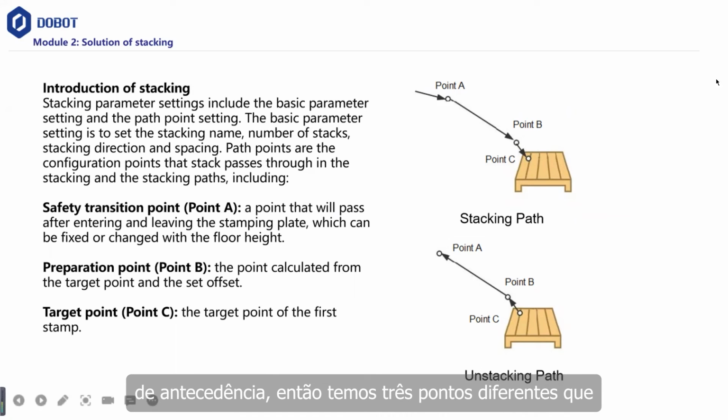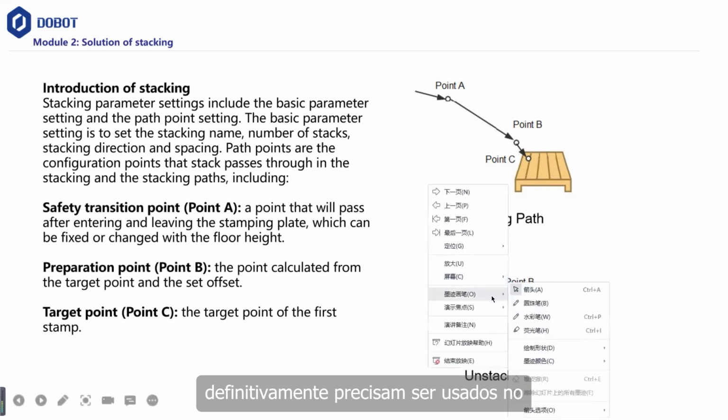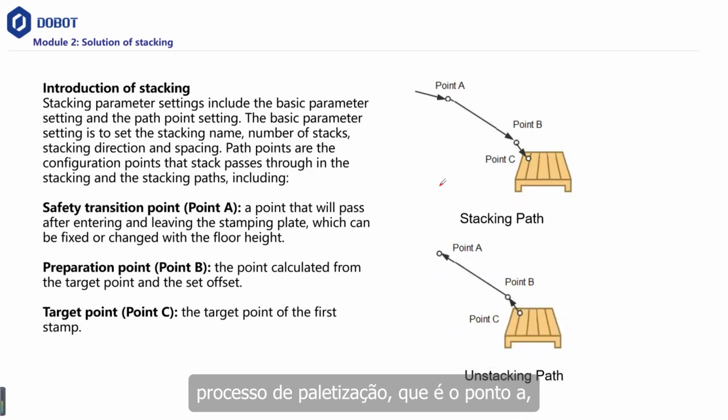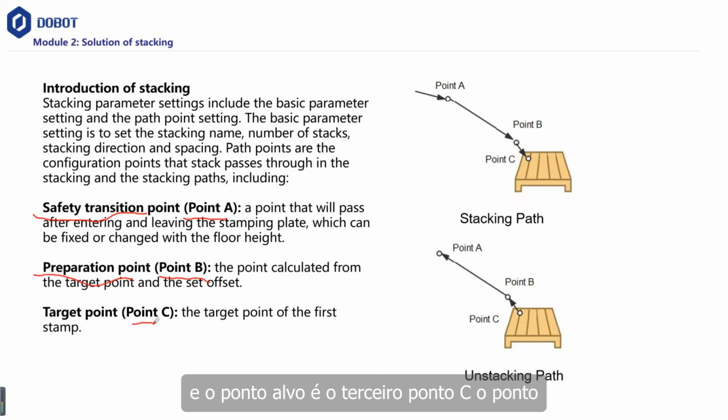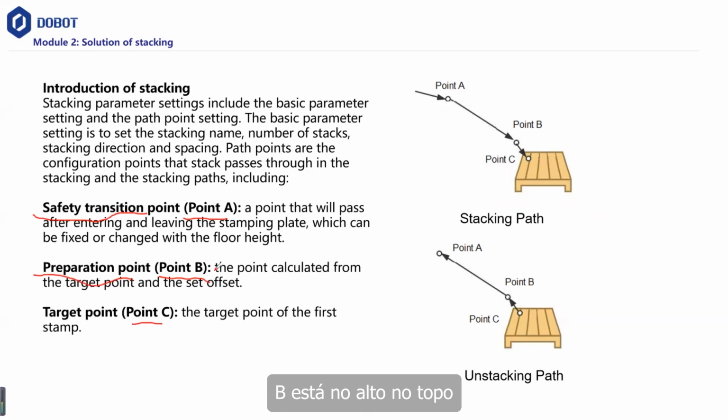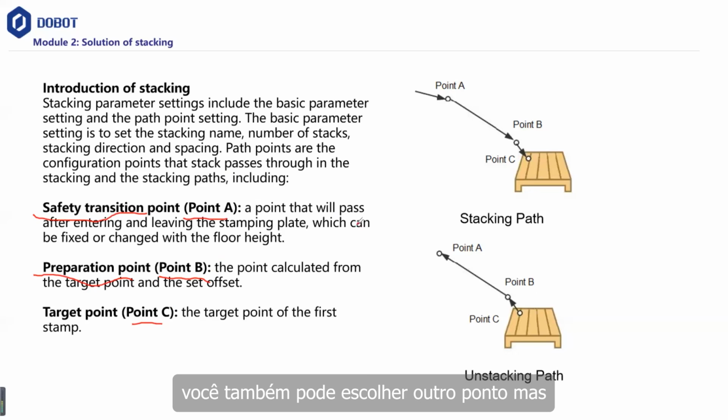So we have 3 different points that we need to use in the palletizing process. That is point A, which is a safety transition point. Point B, which is a preparing point, and target point is point C. Point B is usually on the top of point C, but you can also choose another point.